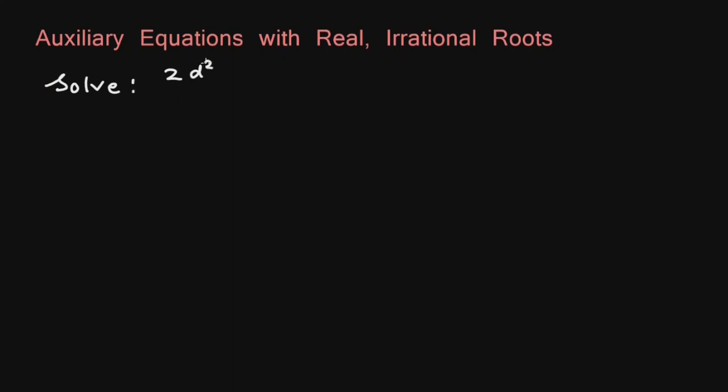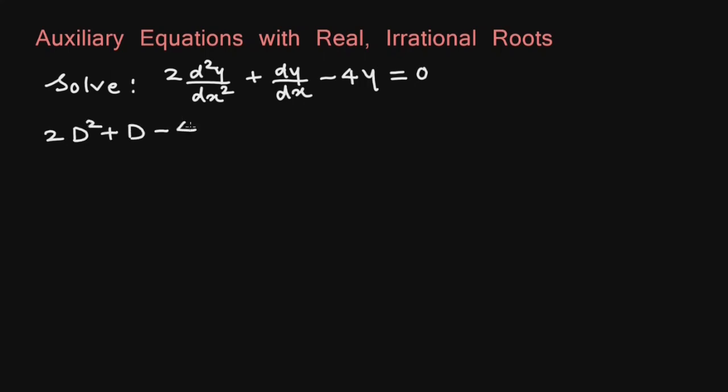Solve 2 d2y upon dx square plus dy upon dx minus 4y equals 0. In terms of D, this will be 2D square plus D minus 4 into y equals 0. The auxiliary equation is 2D square plus D minus 4 equals 0.